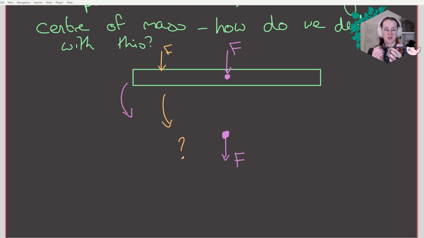It adds a sort of twisting motion, causing the body to rotate about the center, or about a fixed point. I can also hold it here and apply a force, and it rotates about that fixed point. And this is what we call a moment: the rotational effect of the force. It's the moment of a force.